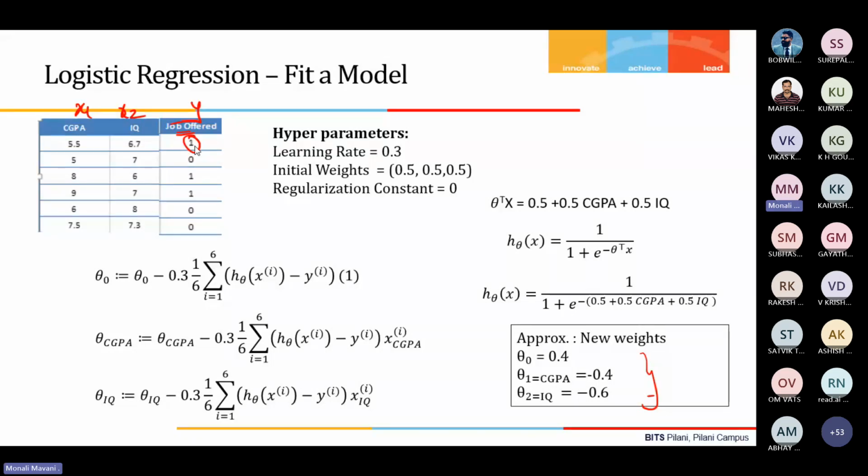Okay, so now this is a structured example. And when you look at this example, after one iteration of gradient descent, what will be the new values of the parameters?